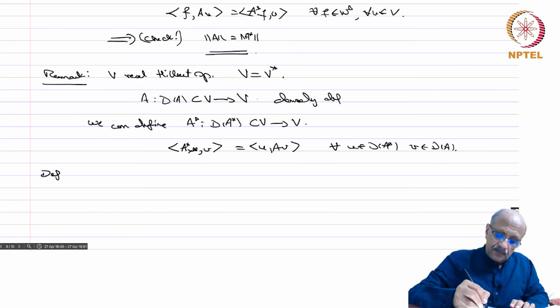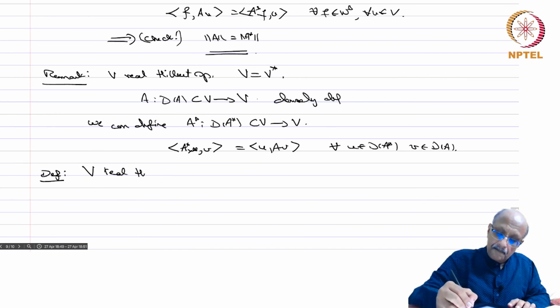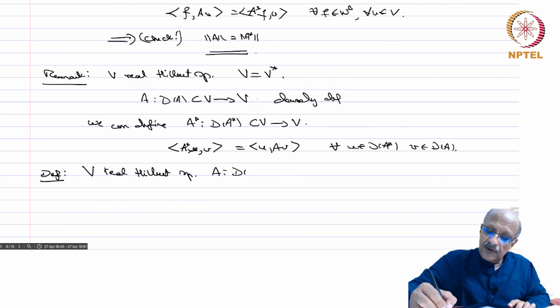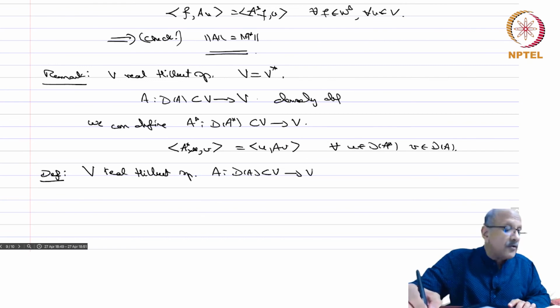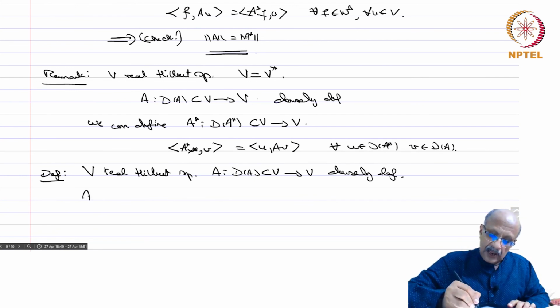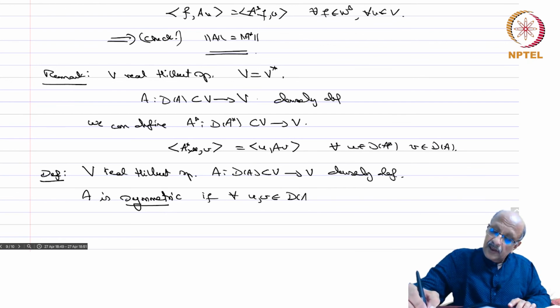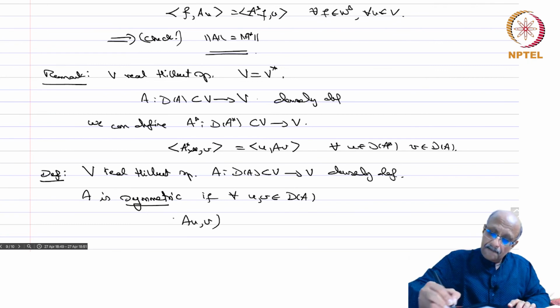So, definition. V is a Hilbert space and A from D(A) contained in V going to V is densely defined. A is said to be symmetric if for every u, v belonging to D(A), you have (Au, v) equals (u, Av). So, this is just the inner product.